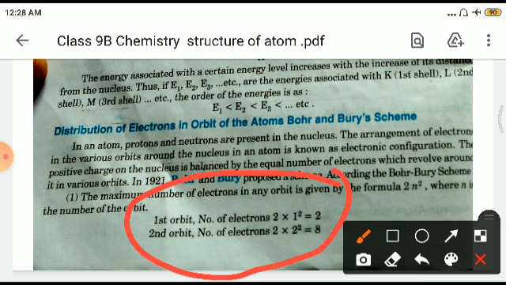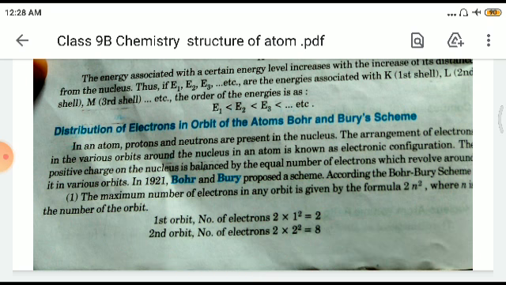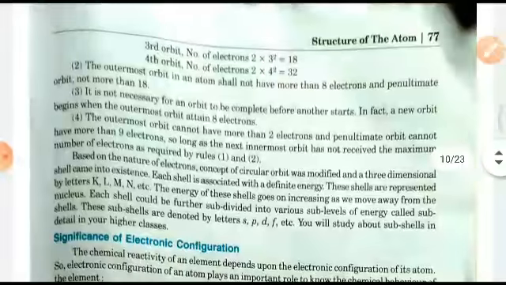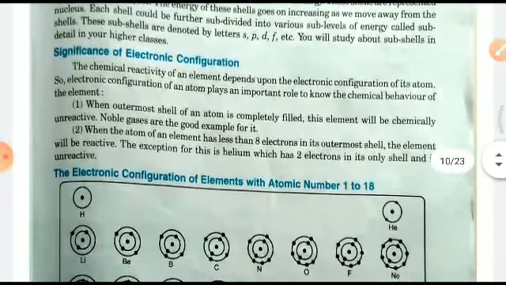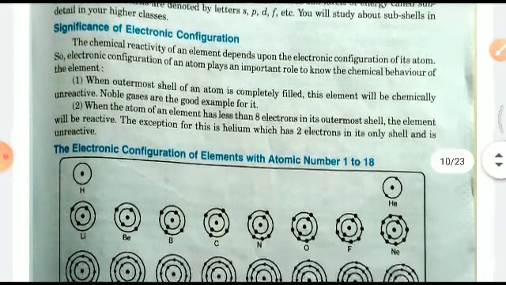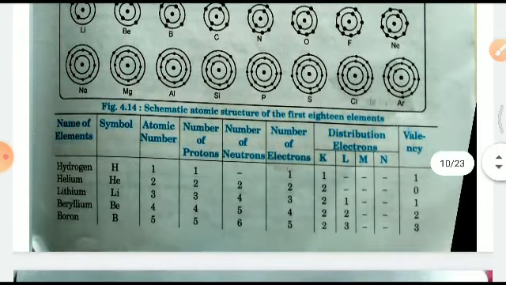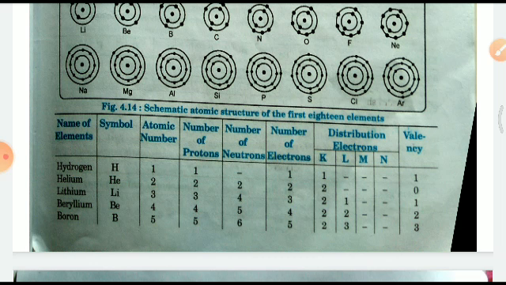Similarly, for the second, 2 into 2 squared is equal to 8, and so on. On the basis of that, he gave an electronic configuration theory, and this chart tells how he configured the entire thing for all elements from 1 to 18.